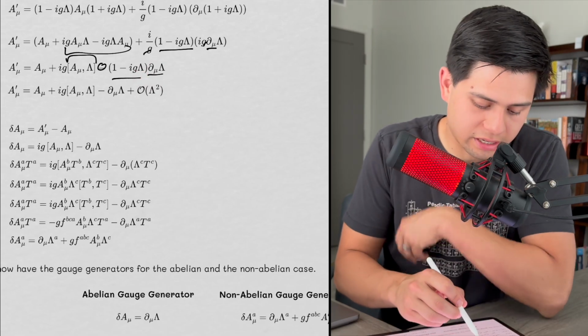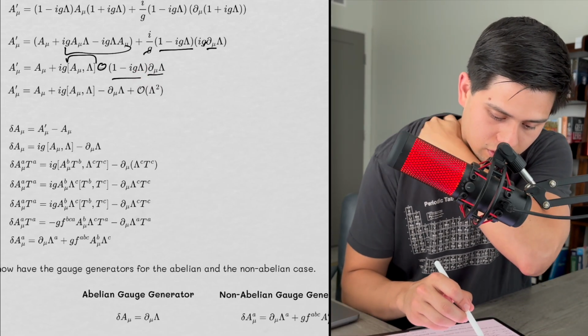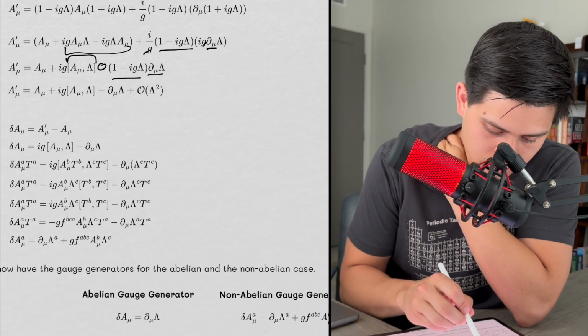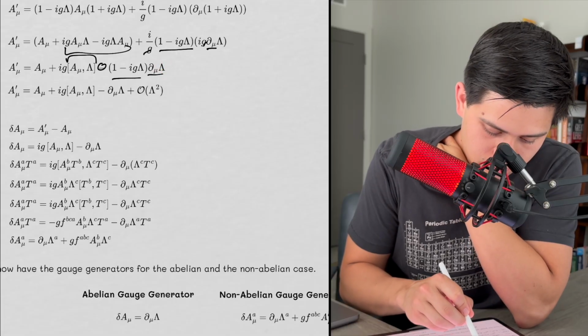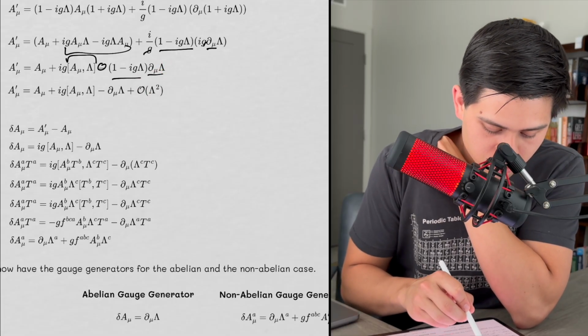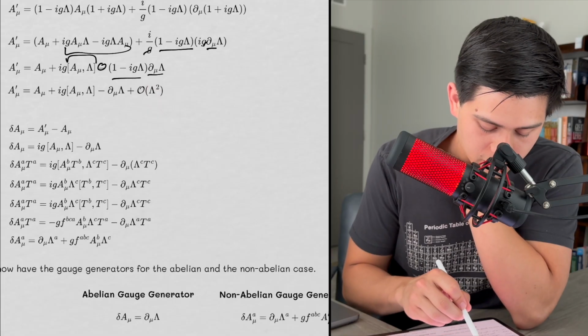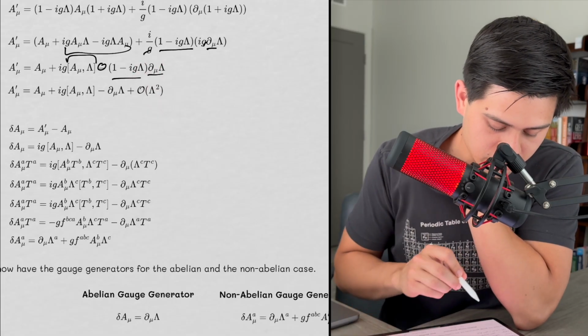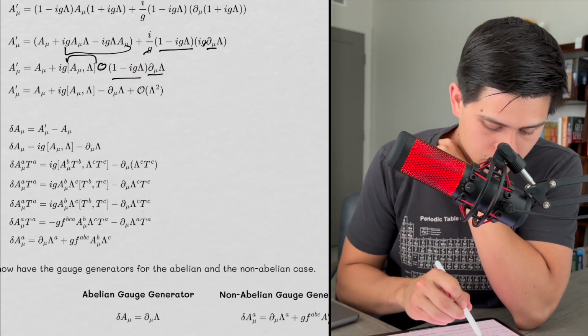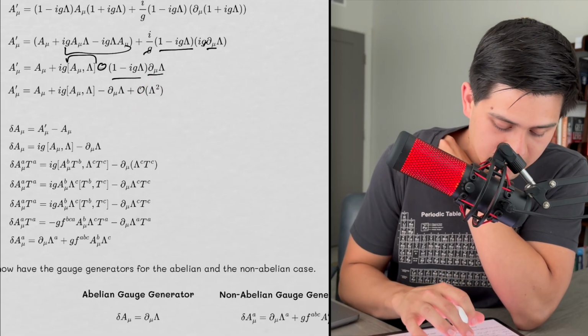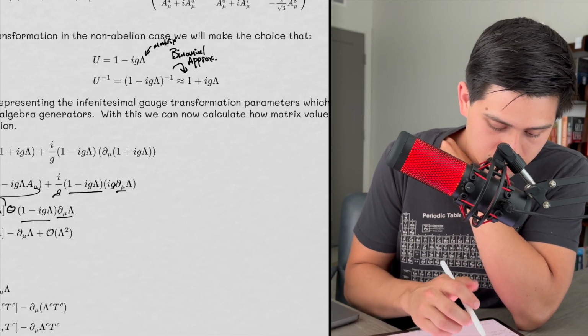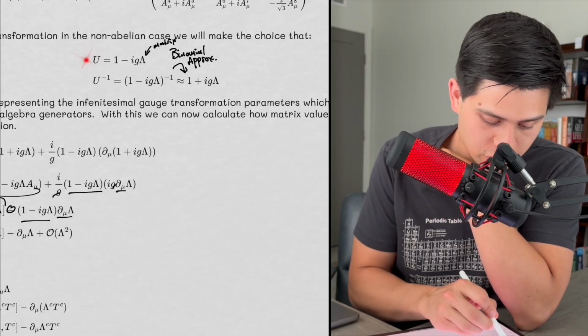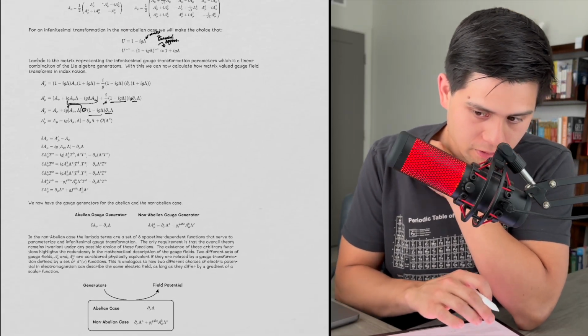And this is just going to be an extra term in lambda squared, because we have this times this bit right here. We're just going to ignore that, because this is an infinitesimal transformation. These are the generators. So these are the matrix generators for U. All right.